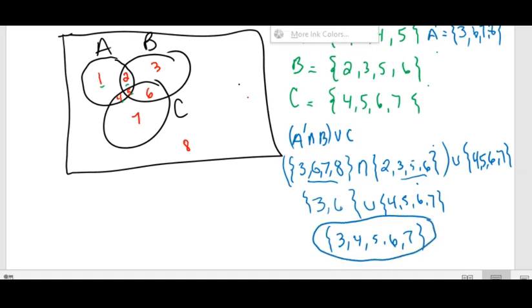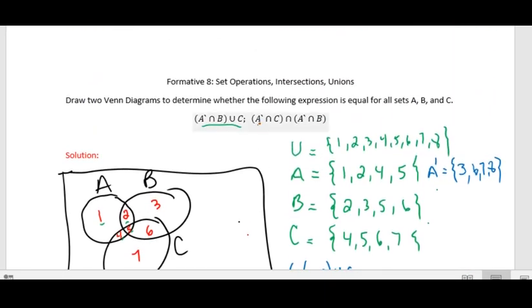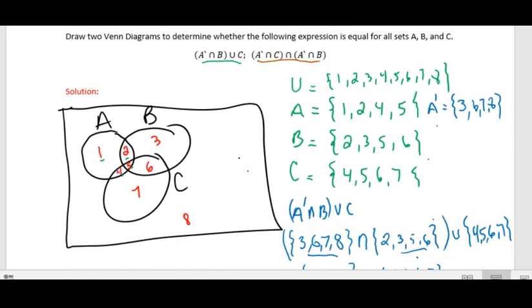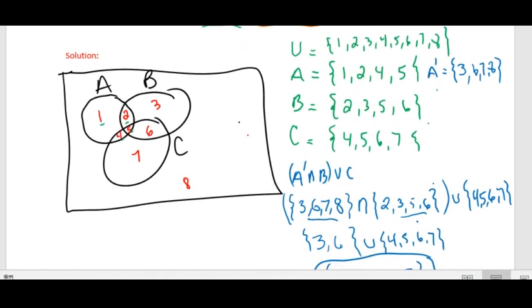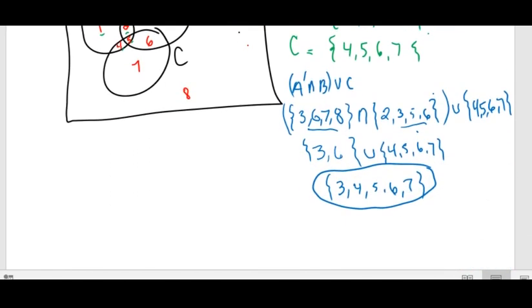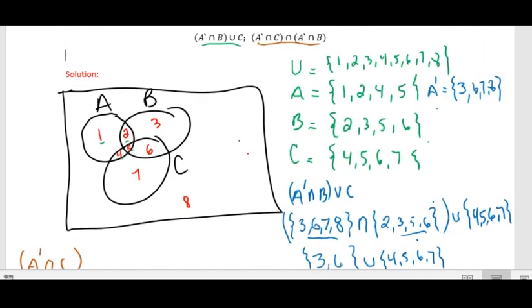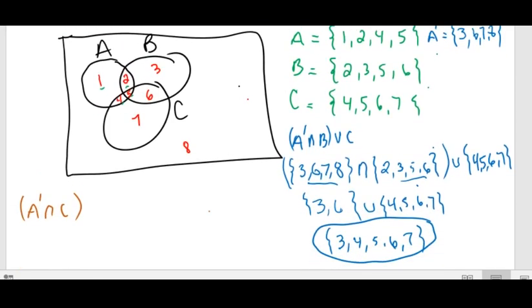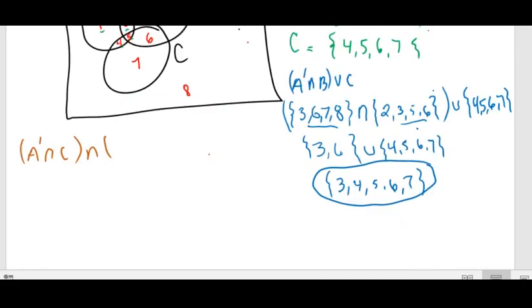Now we need to check the second part. So the second part is this one here: A complement intersected with C, intersected with A complement intersected with B.